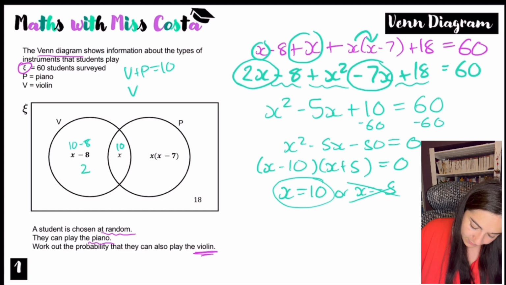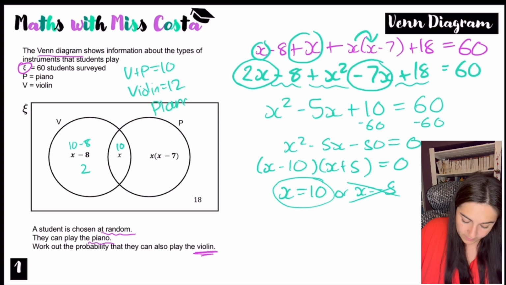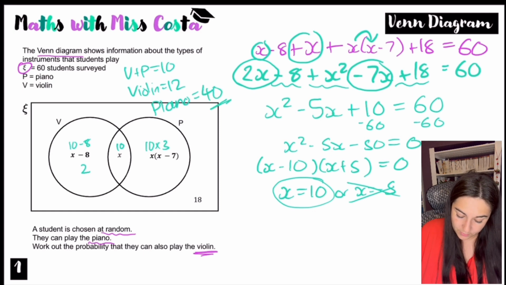So in this section here, we've got 2 and here it's 10. So violin is 12 people in total and piano must be 10 times by 10 take 7 is 3. So that's 30 plus 10 is 40. So in total, 40 people play the piano.